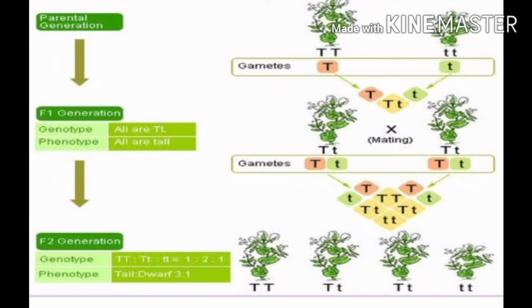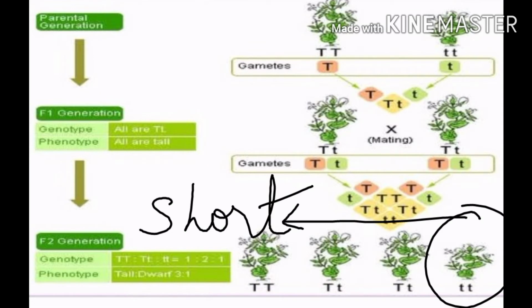It means that the small t is the recessive allele. It is not able to express its characteristic, that is of shortness. In the second generation, you will observe a short plant is obtained. This is because the recessive gene small t is present along with another identical small t gene. I hope dominant and recessive alleles of a gene is clear to you.